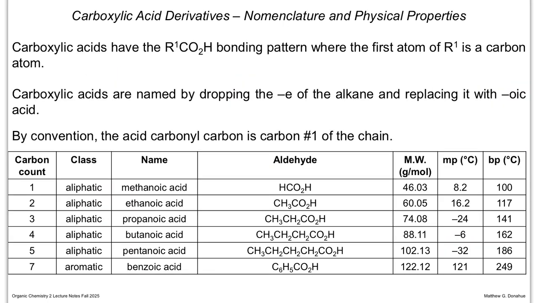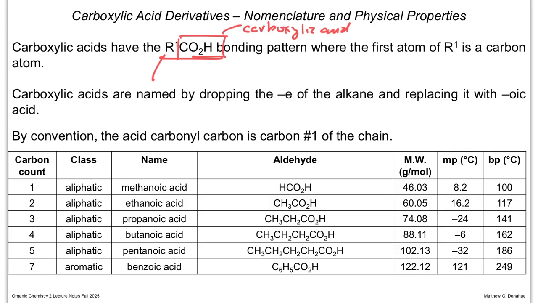So we'll start with the acid itself. That has this line designation where we're focused on that, and then R1 is whatever is along the chain at the alpha carbon.